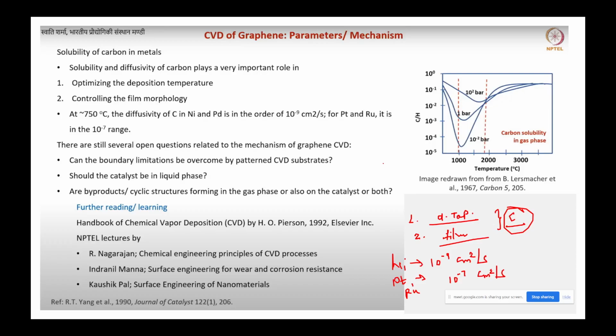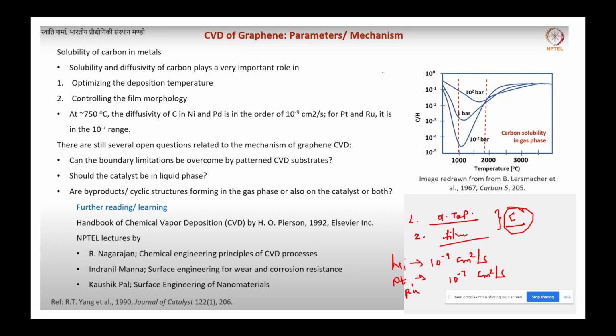These are some open questions that you can research in this field, or find in the literature. These are very good and interesting questions, and they will give you more and more information when you want to do CVD. Suppose we have seen catalysts such as nickel, palladium or platinum. Can we use the liquid phase of this catalyst? Is it okay?